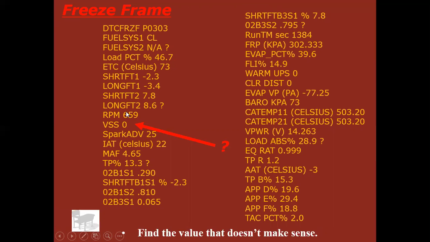But that doesn't make sense to me that vehicle speed is going to be 0. That just seems a little odd. Maybe it was right at the second when they're hitting the gas coming off the red light. I don't know. And we already talked about bank 1 and bank 2, one being positive, one being negative. Again, don't let this data overwhelm you. Just look for the things that don't make sense.